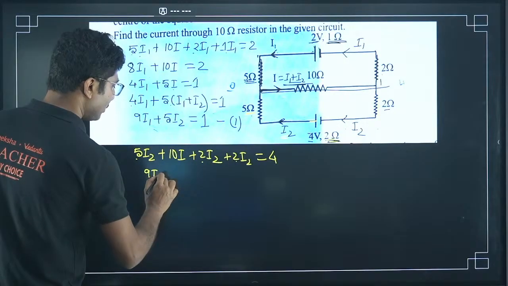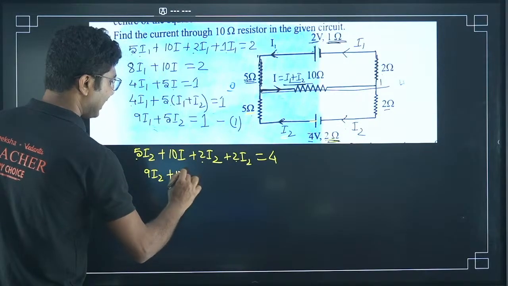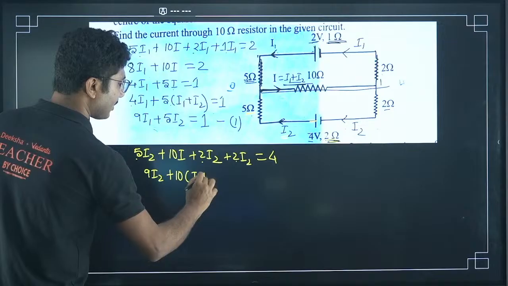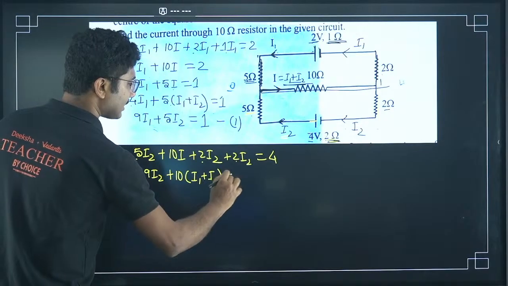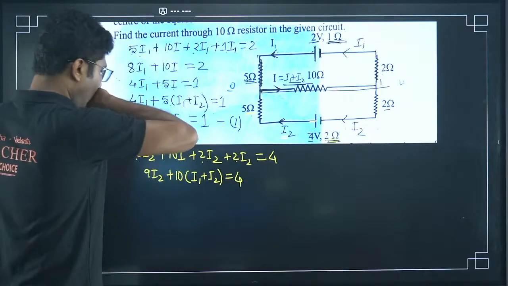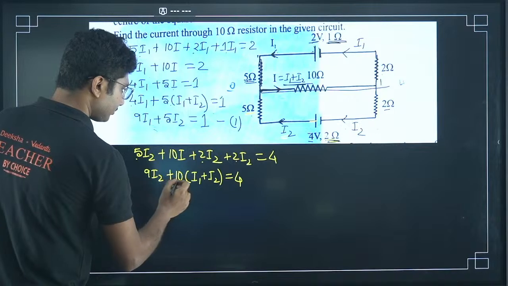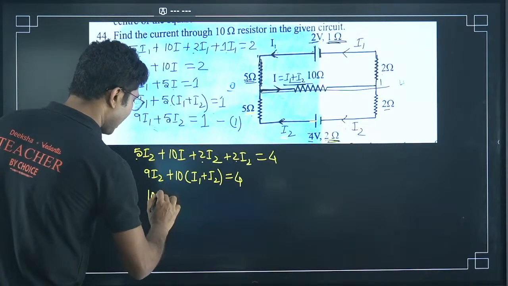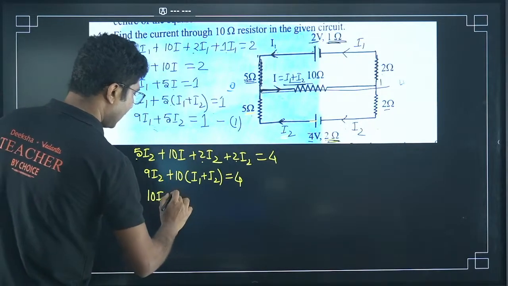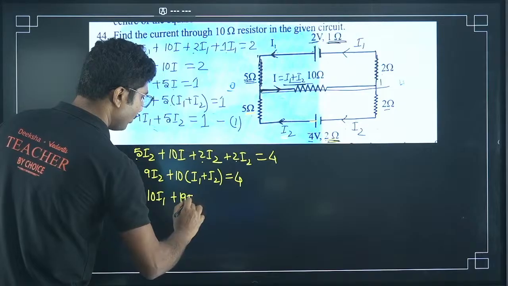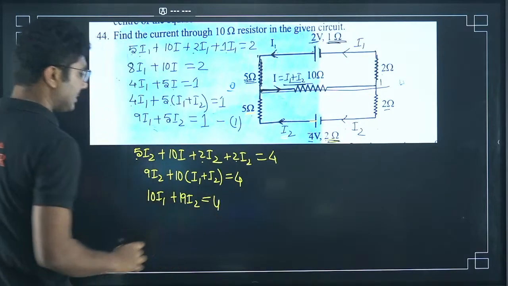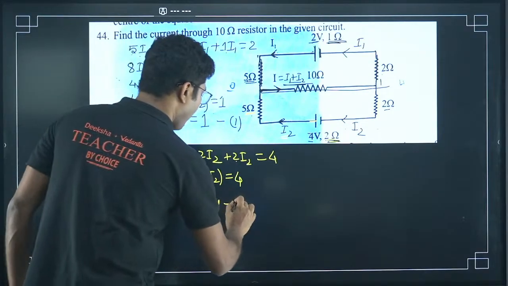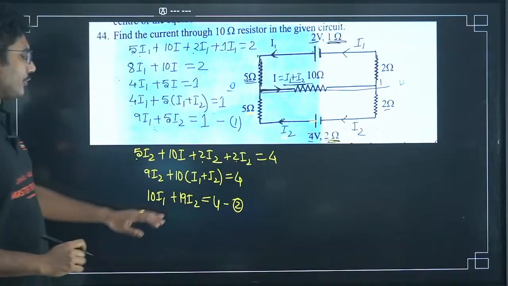So 9I2 plus 10, instead of I I will put I1 plus I2, and that equals 4. Now add them, you get 10I1 plus 19I2 equals 4. So this is equation number 2.